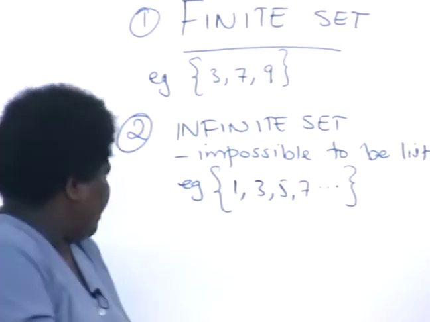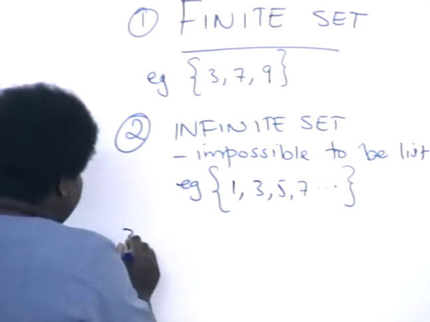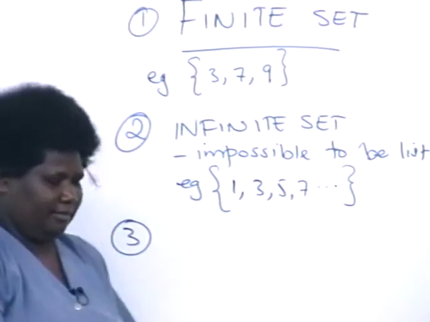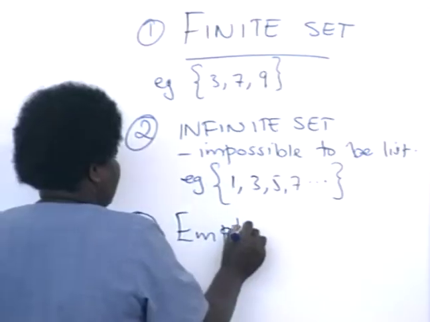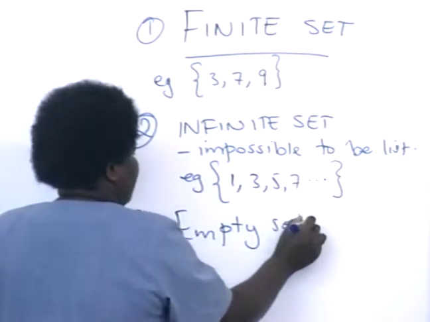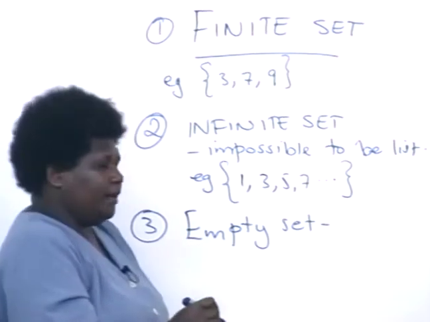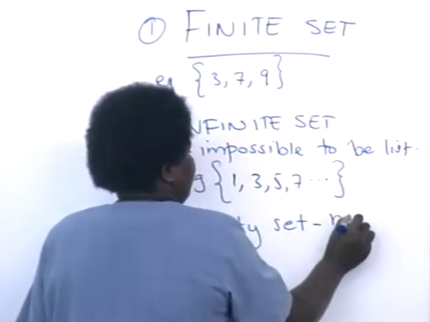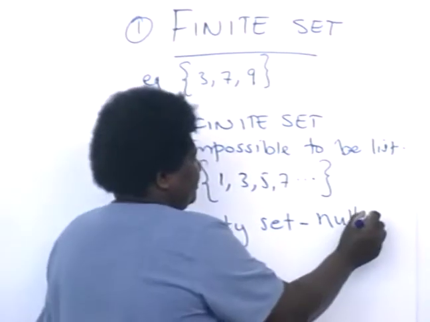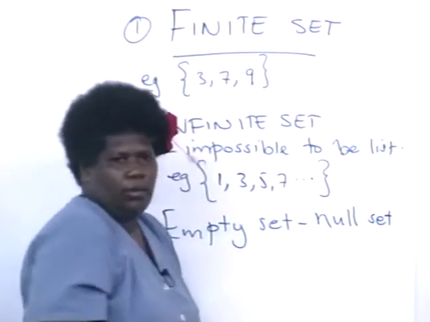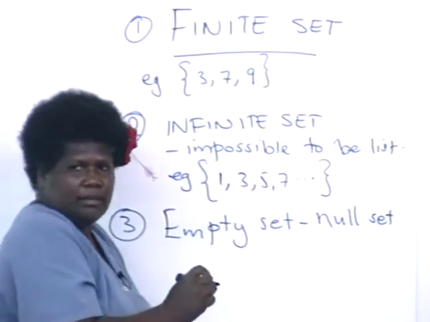All right, the third one, Tamaku. Empty sets. Okay, an empty set, or what's the other word? Null. Okay, an empty set or a null set. What is an empty set?